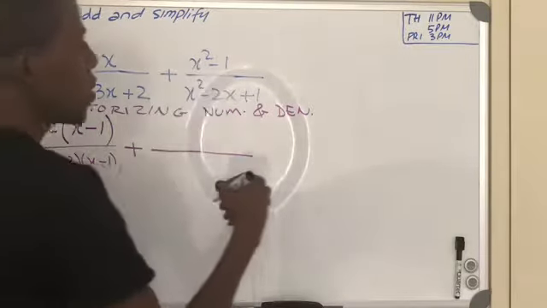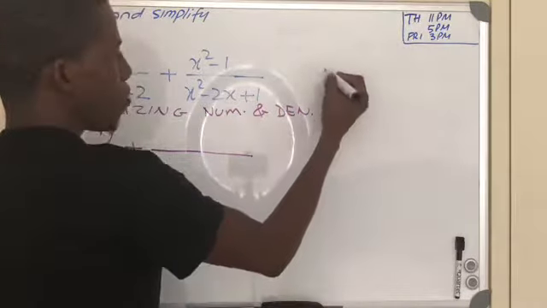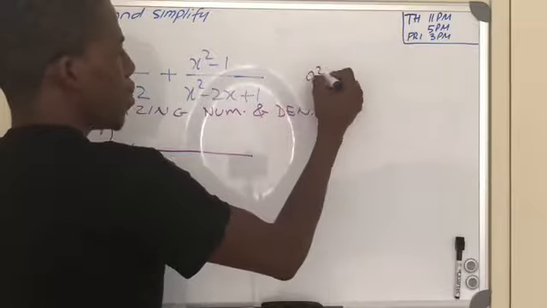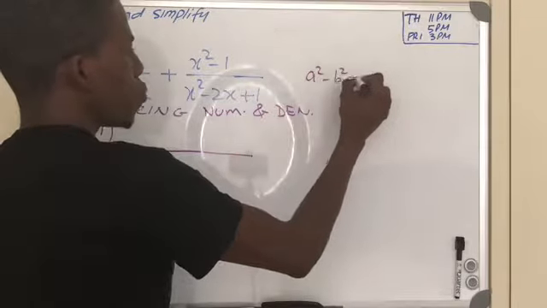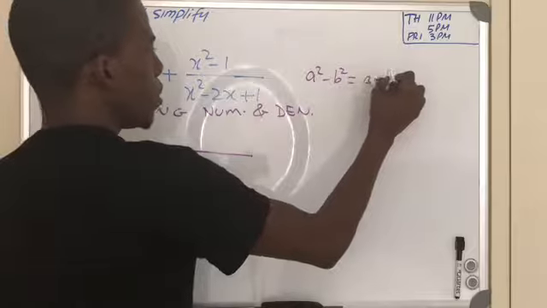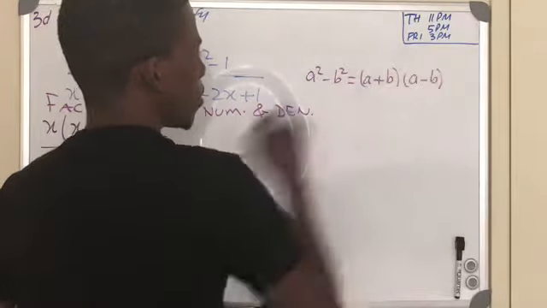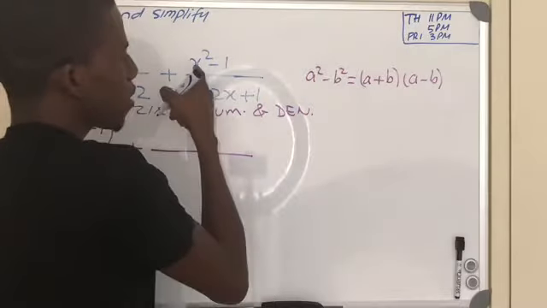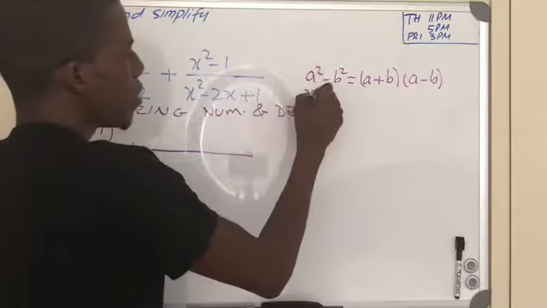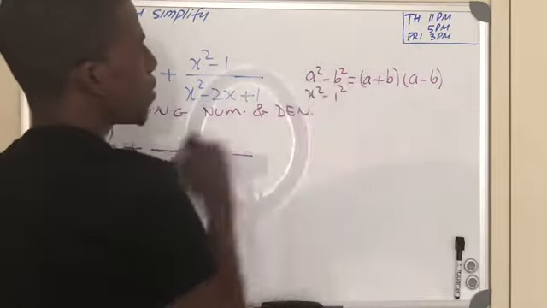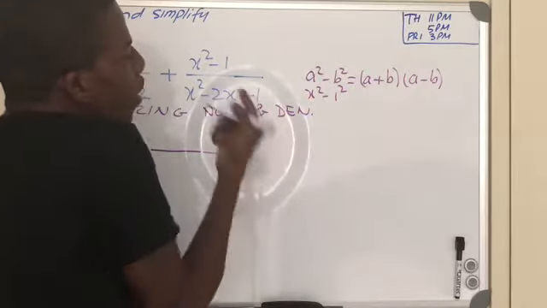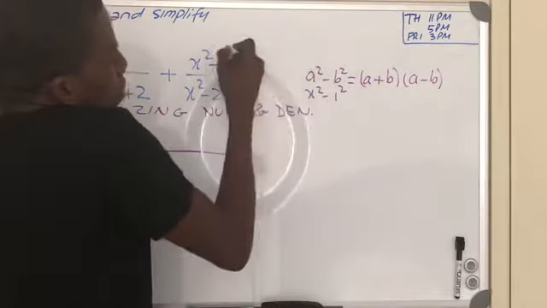x squared minus 1. There is another algebraic law that says a squared minus b squared is equal to a plus b times a minus b. In this case, I have x squared minus 1 squared. 1 squared is equal to 1, so I can put the squared right here.